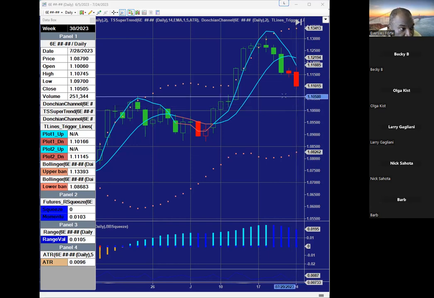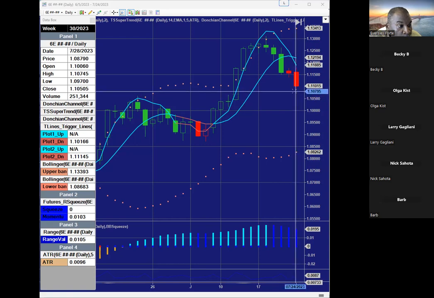Sell stop, 4 contracts at 1.1080, with a one-triggers-two order. So your entry order is to sell stop 4 contracts at 1.1080. That's the entry order.